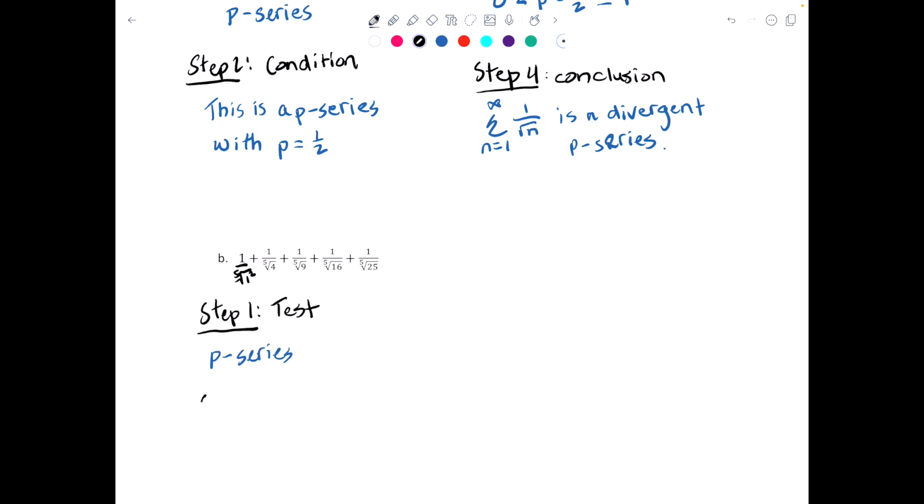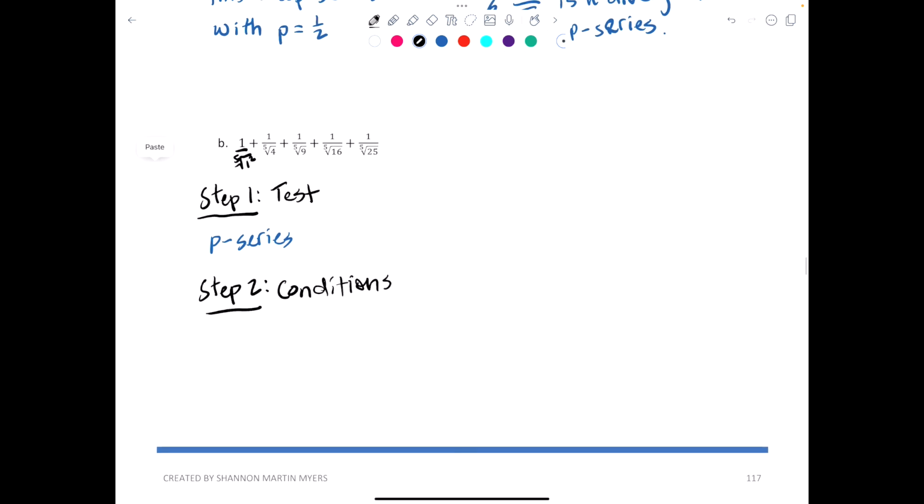And then step 2, we'll write what that series is in our conditions. I know that these steps are a little bit of overkill for something so simple like this or the geometric, but it can help. All right, so the summation n equals 1 to infinity of 1 over n.